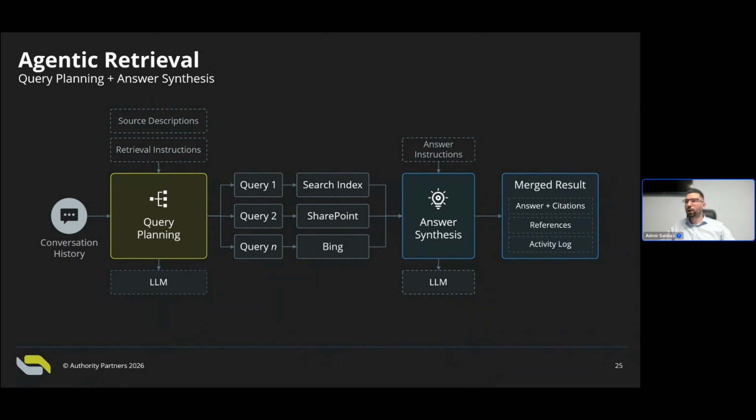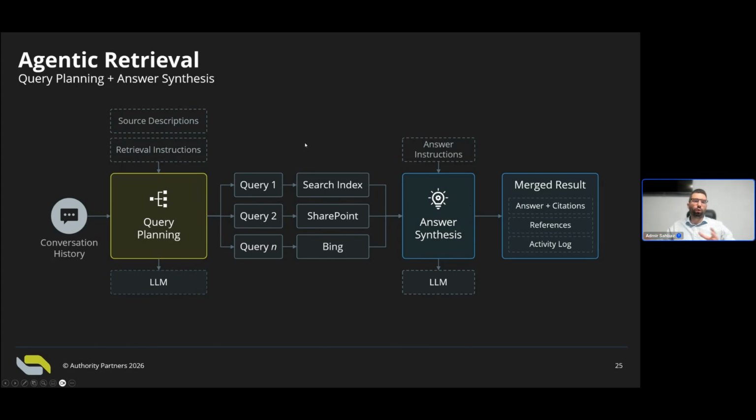And then, depending on our settings, after all these subqueries are executed, Azure AI Search may return either the verbatim content that it retrieved from these knowledge sources, the source content, which we can then use as grounding context when calling an LLM. But what's interesting, it can also call an LLM itself to generate the answer from that retrieved information, using the answer synthesis feature.